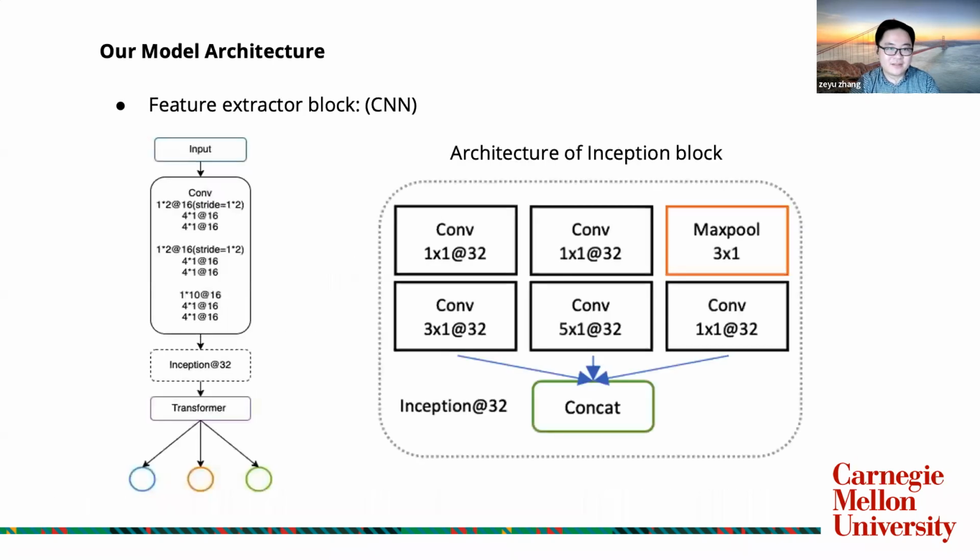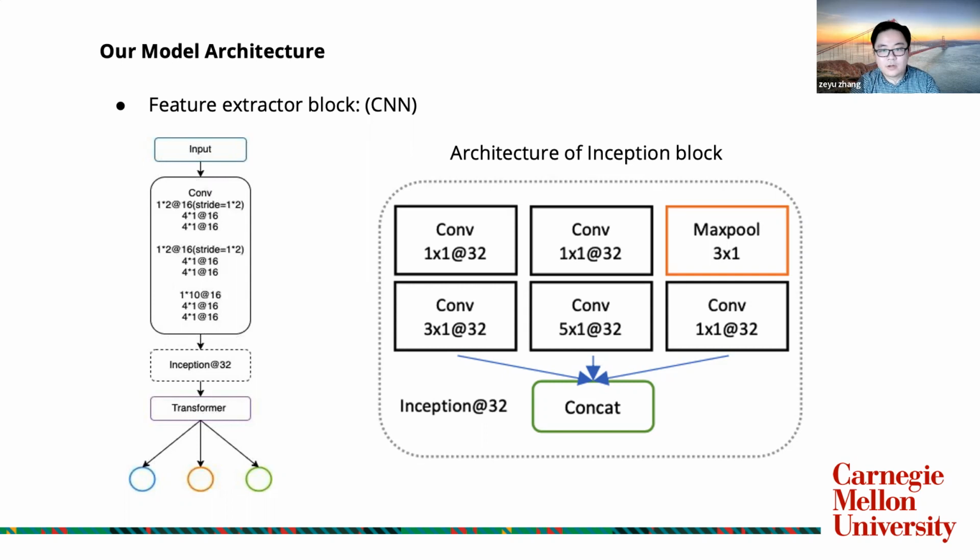Next slide, please. I will give you a detailed introduction about the architecture of our model. First, you feed your input into a convolutional neural net, which consists of 3 blocks, and in different blocks we use different kernel sizes. Then the CNN block feeds the output into the inception block.